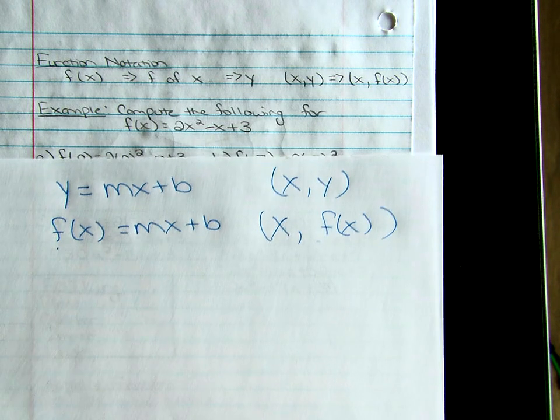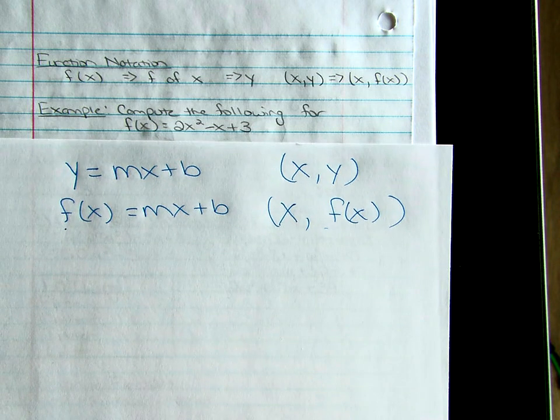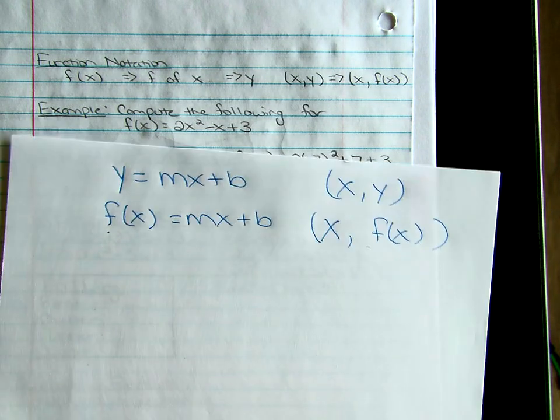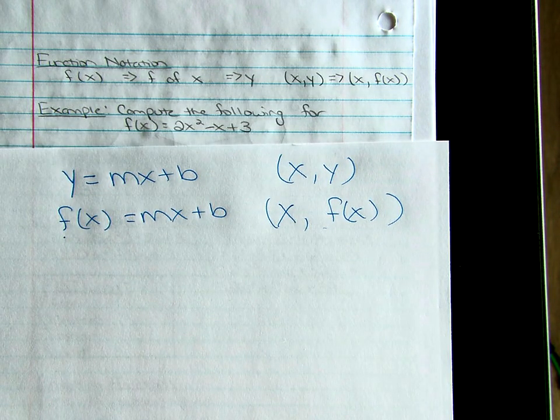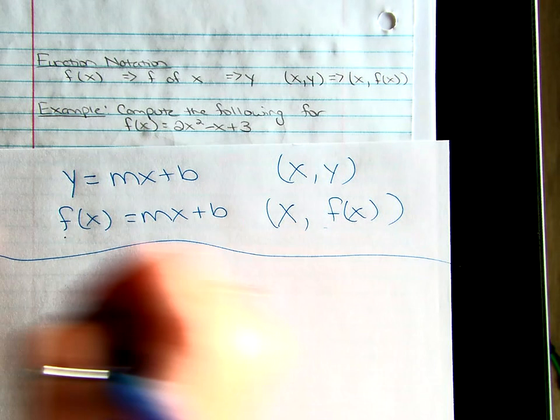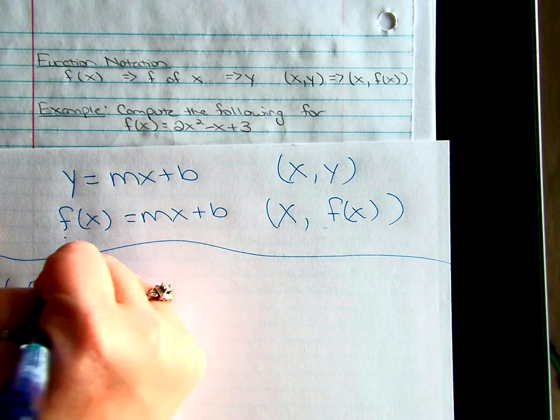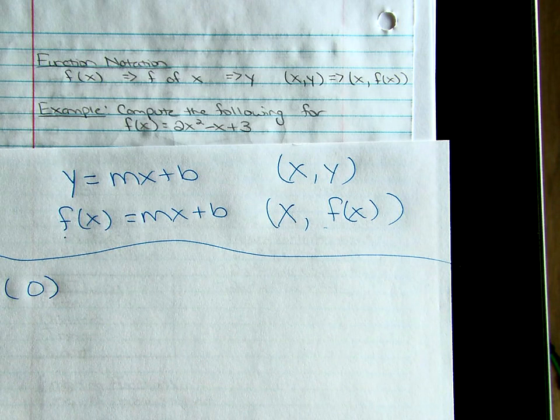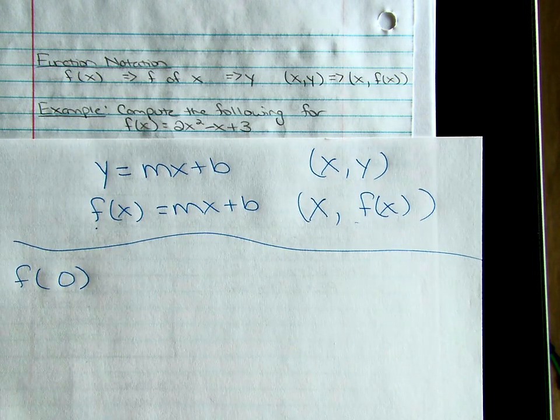All right, f of 0 and negative 7. So the example that we see up here on the screen says, compute the following for f of x equals 2x squared minus x plus 3.